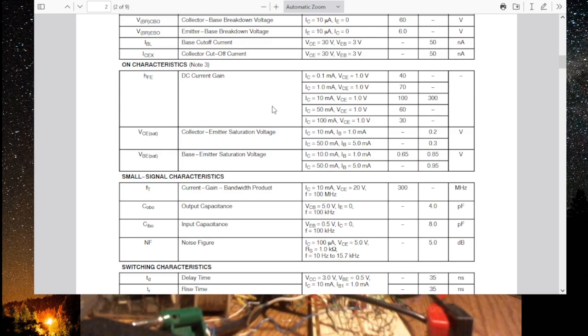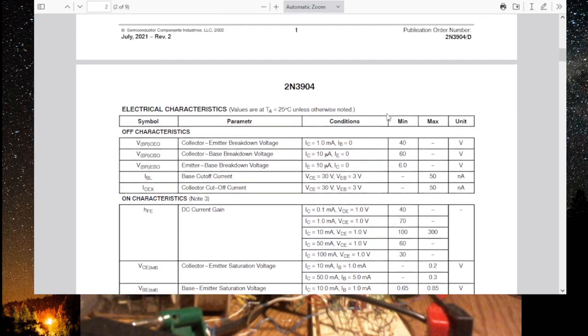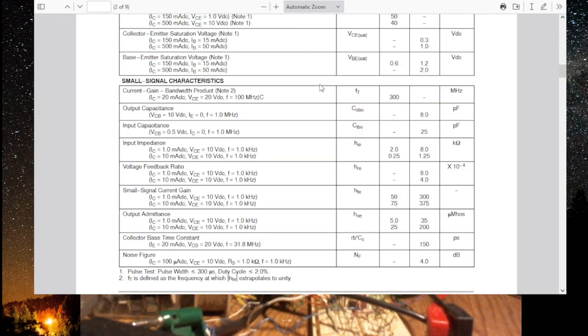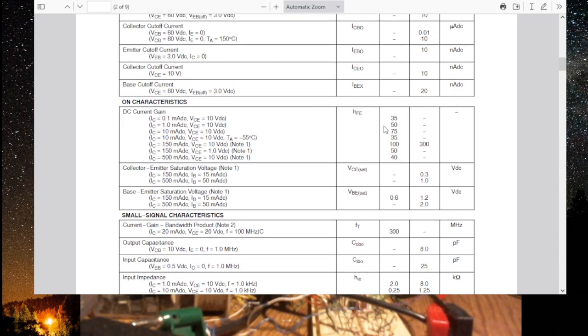Collector current gain, minimum, maximum, collector emitter voltage of 1 volt, HFE. Okay, let's look at this one. DC current gain HFE at different levels of milliamps collector current, and these are the gains.